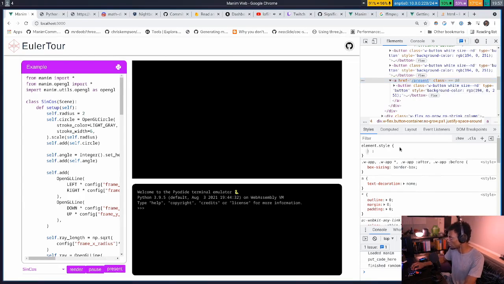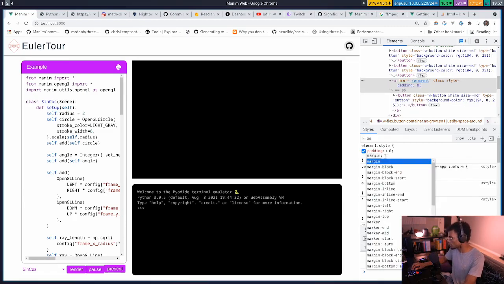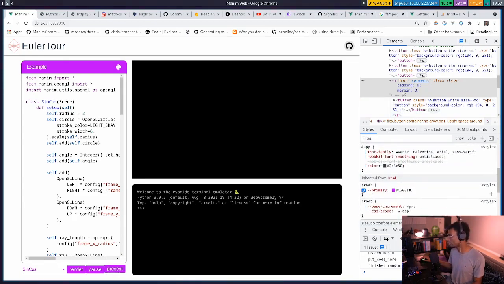Go here. Padding 0 doesn't help. And margin 0. Something about the anchor, man.